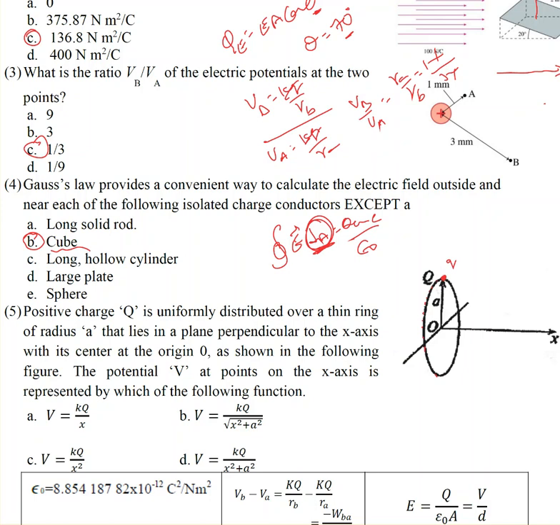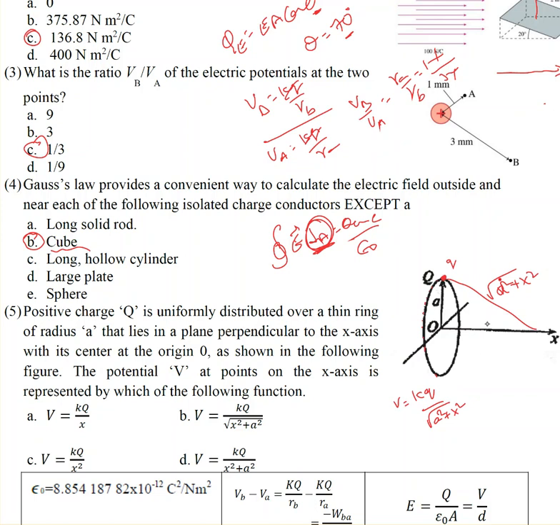Okay, so V equals kq over the distance from here to here, which is nothing but the square root of a square plus x square. So it must be the square root of a square plus x square. Now this V is only because of the charge here. Now what is the total V?